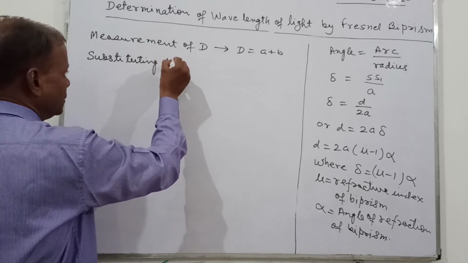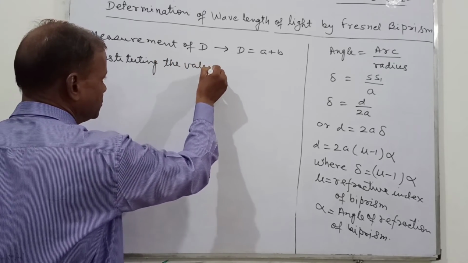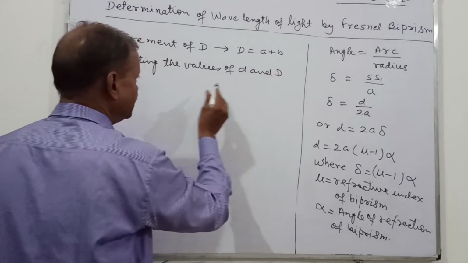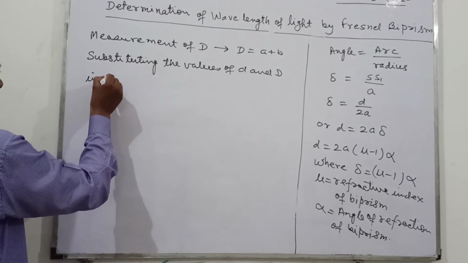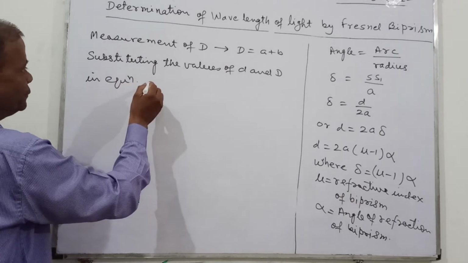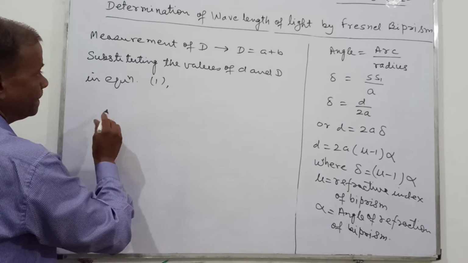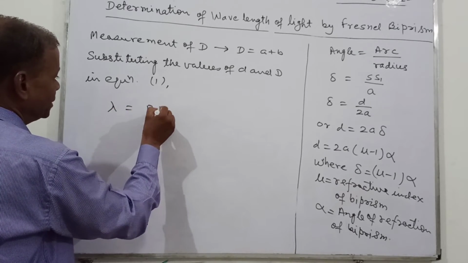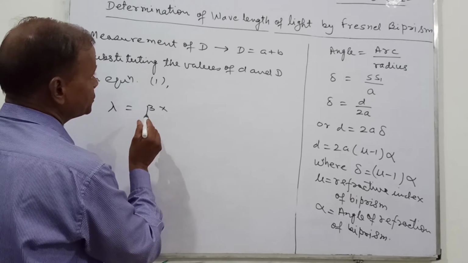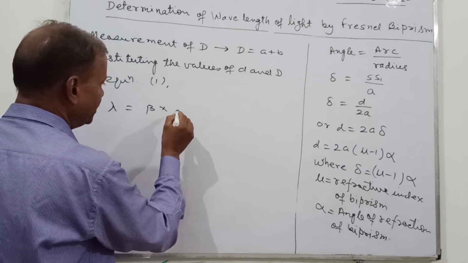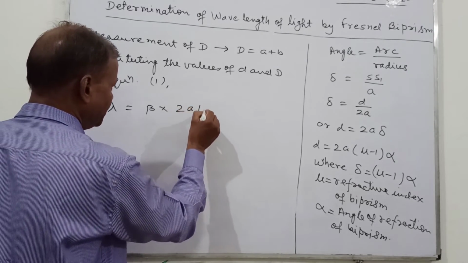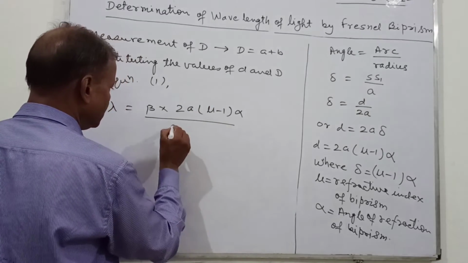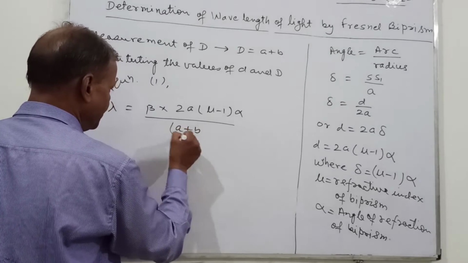Substituting the values of d and D in equation 1, lambda is equal to beta into, for small d, 2a into mu minus 1 into alpha, upon a plus b.